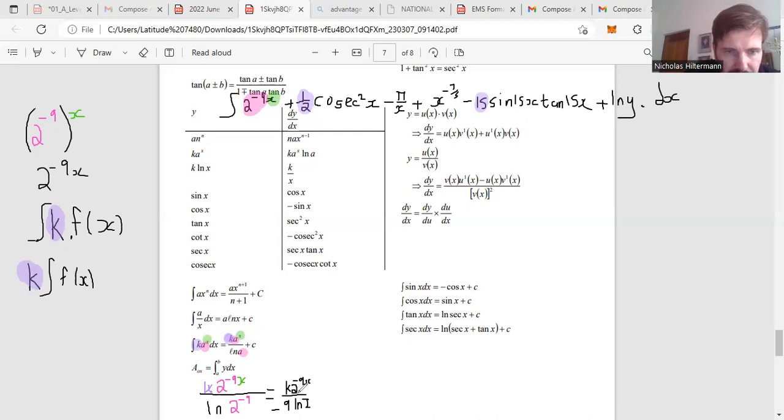There should be a 2 here, and k goes away. If you had seen a different answer, if you had seen the 2 at the bottom, so if you'd seen minus 2 to the 9x times 9 ln 2, 1 over, that's okay.